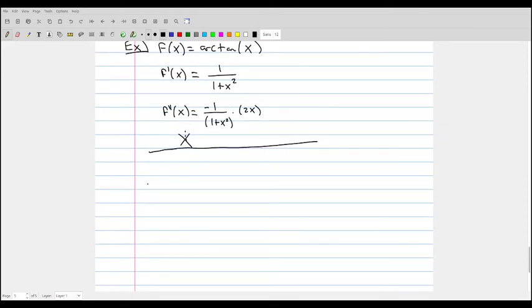Specifically, we know the geometric series expansion for 1 over 1 minus u.